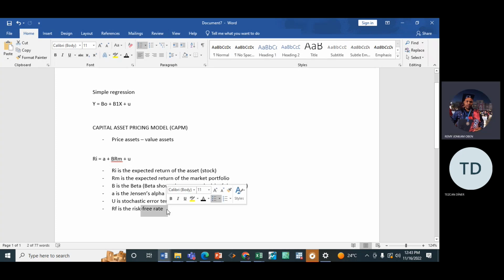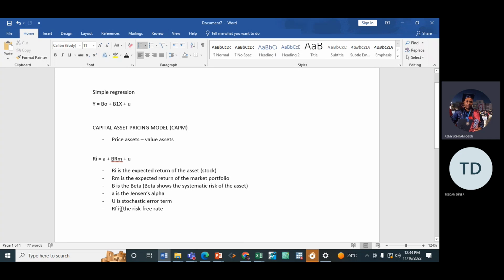If you know the risk-return trade-off, you know that the higher your risks, the higher your expected return, right? If your risk is low, your expected return should be low. If you want more return, you should take more risks, right? That's the risk-return trade-off. But actually, there are some assets which have zero risks. You invest in the asset, and you are sure to get your return.